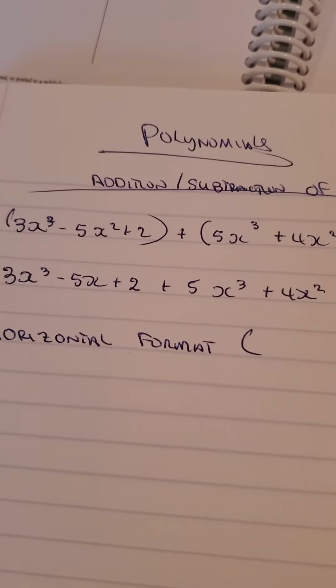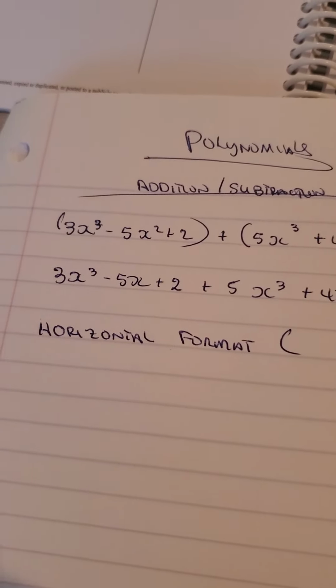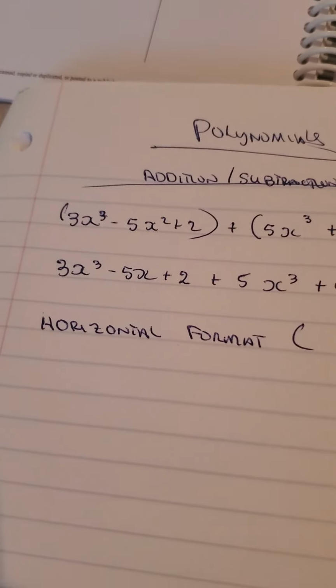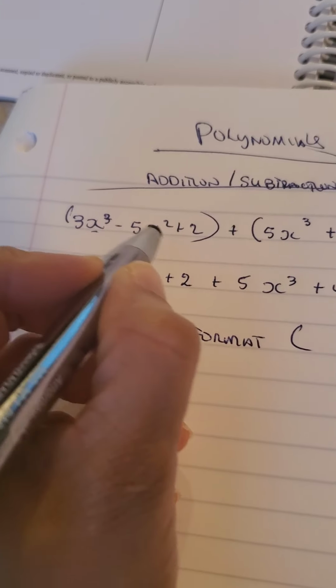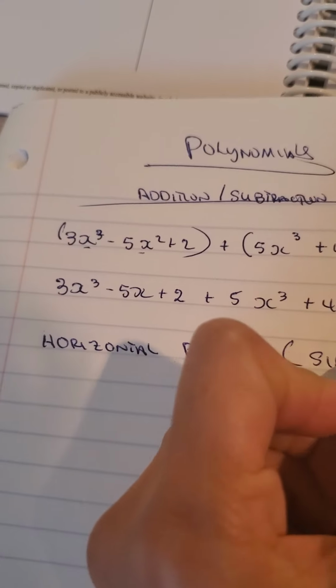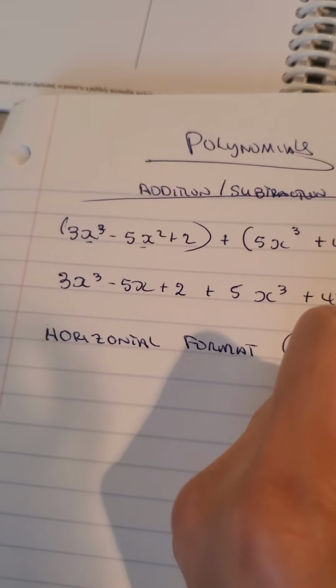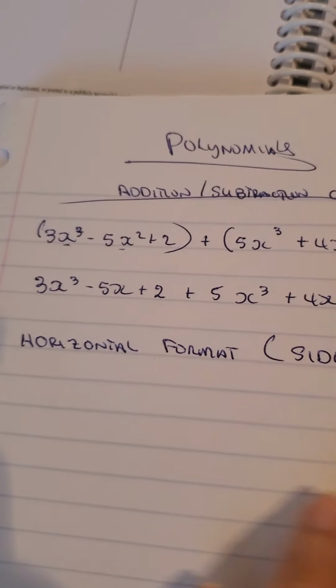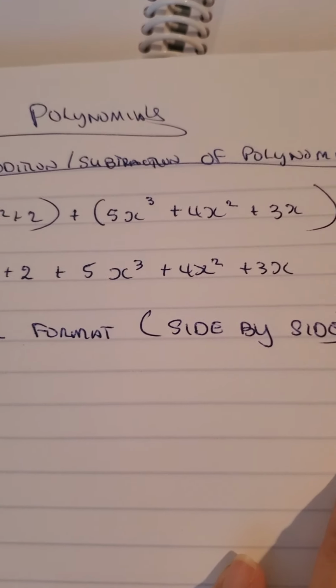The reason we're not evaluating it is, yep, you guessed it, we have no values for these variables to plug in. The horizontal format is also known as side by side, where I put the like terms next to each other.